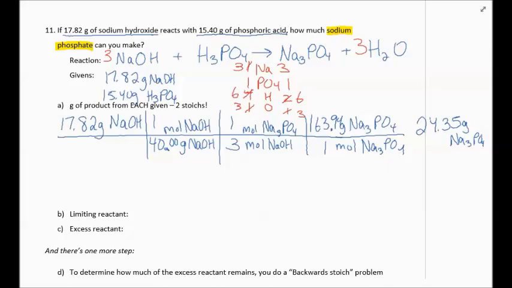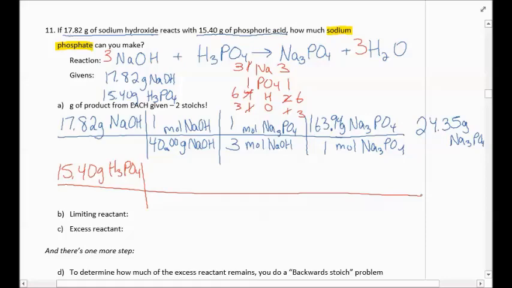We are not done, though. We have to do the second reaction. So we have 15.40 grams of phosphoric acid. The nice thing is our last step is going to be identical. So just like before, we have to go from grams of phosphoric acid to moles of phosphoric acid, moles of phosphoric acid to moles of sodium phosphate.